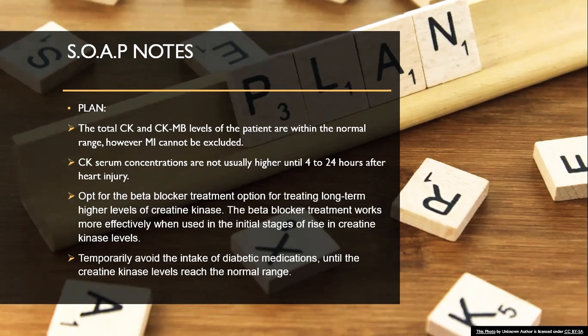We must opt for some beta blocker treatment option for treating long-term higher levels of creatine kinase. The beta blocker treatment works more effectively when used in the initial stage of rise in creatine kinase levels.